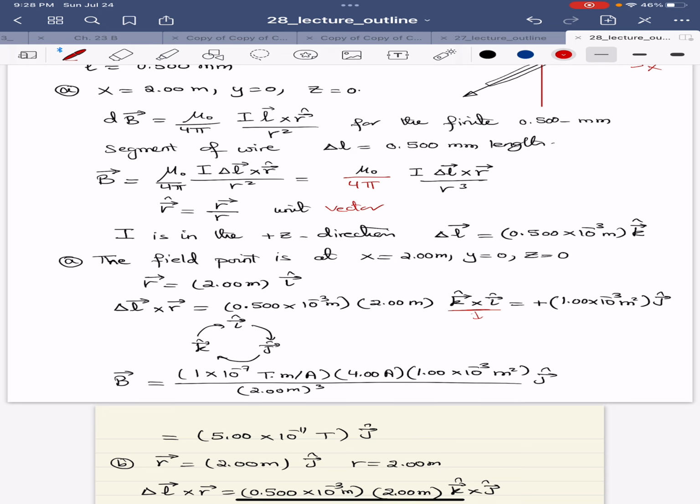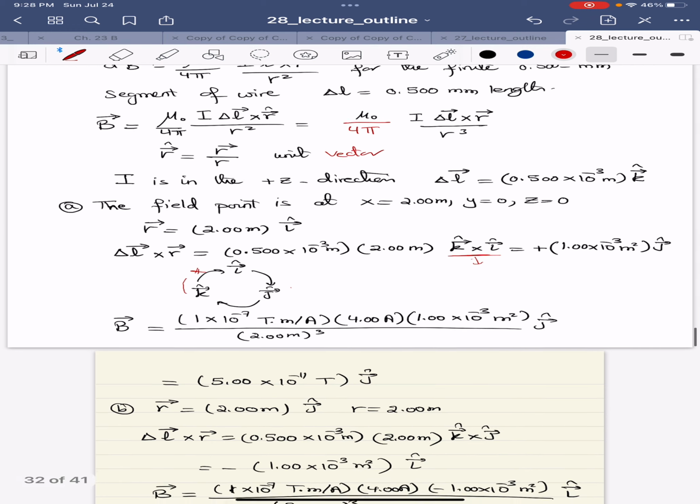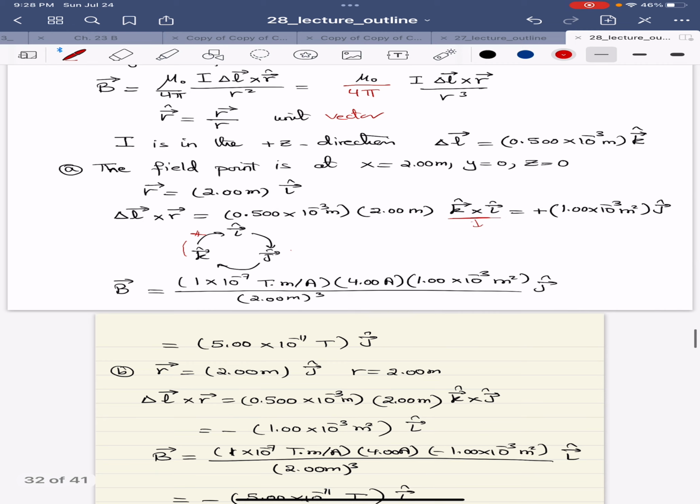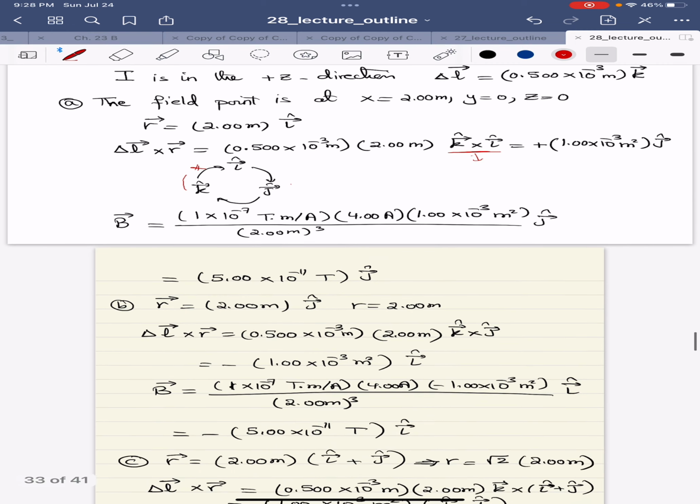And remember the rule: k cross i is going to give you j. When you multiply the numbers, it is 1 times 10 to the negative 3 square meters times the j unit vector. Then I calculated the whole expression, and finally I find 5 times 10 to the negative 11 Tesla j.